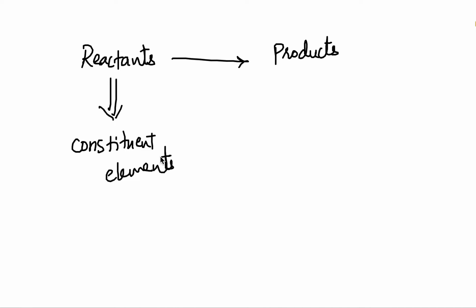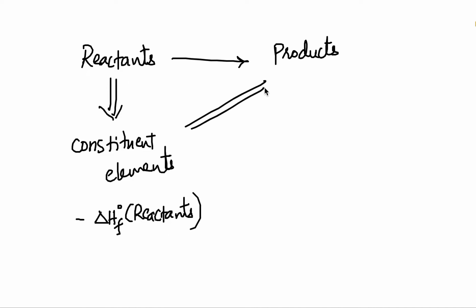This is actually the reverse of formation. Therefore, the enthalpy change associated with this process is the negative, the opposite, of delta H formation of reactants. Now the same constituent elements will give us the products. That means here it is the formation of the products. Therefore, this is delta H formation of products.